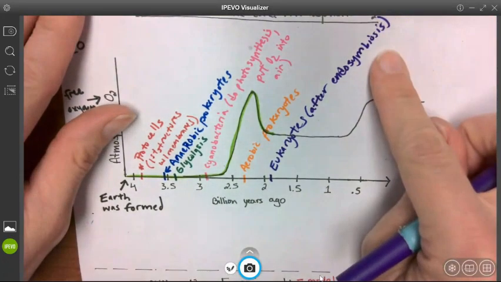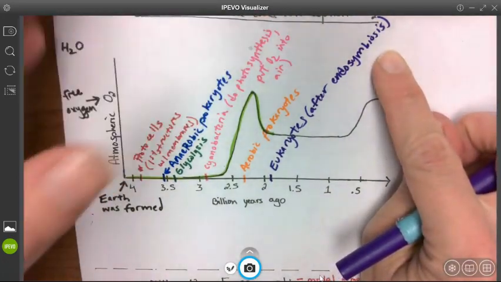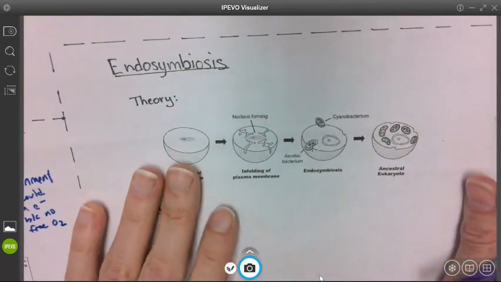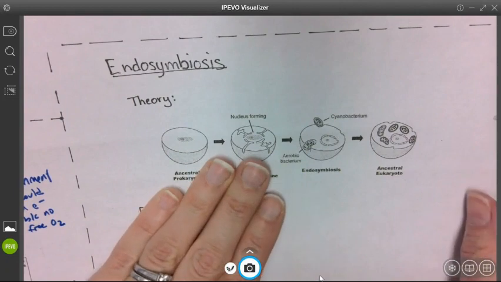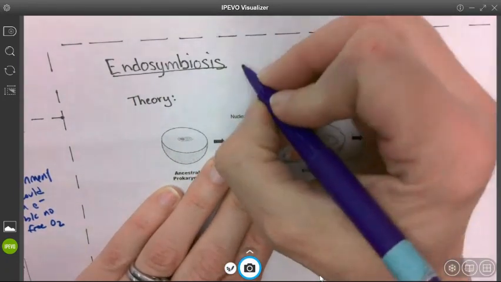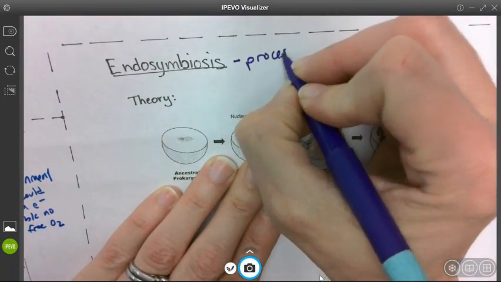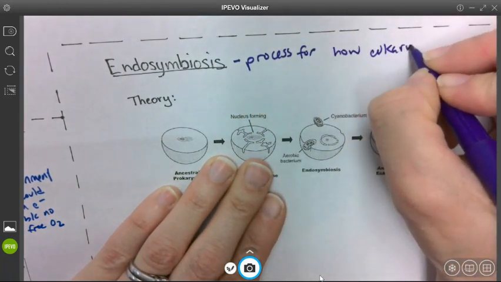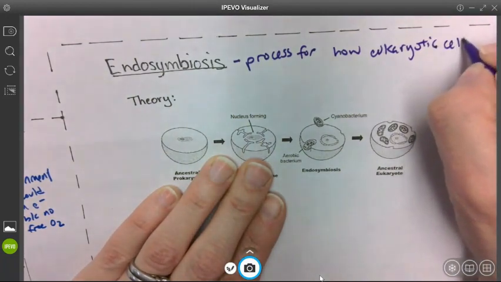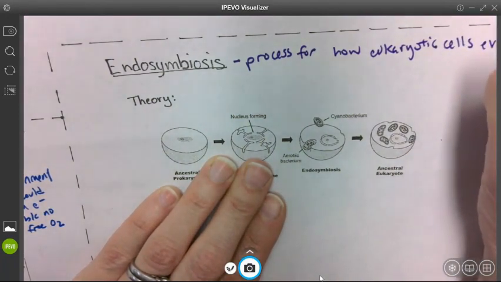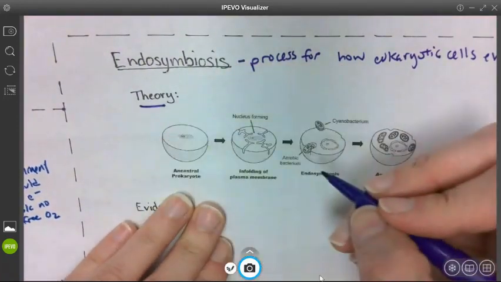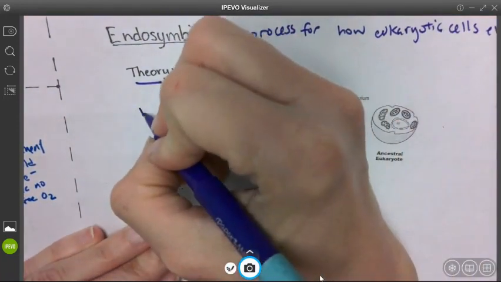So I know we've talked about endosymbiosis before, but just as a quick refresher, endosymbiosis, a woman, Lynn Margulis, came up with this idea. This is the process for how eukaryotic cells evolved.